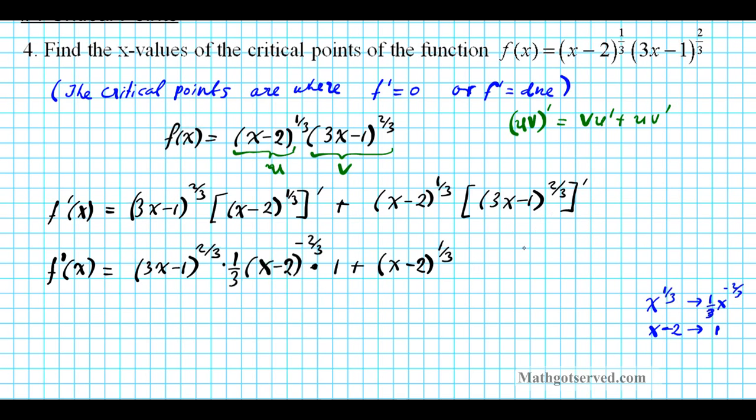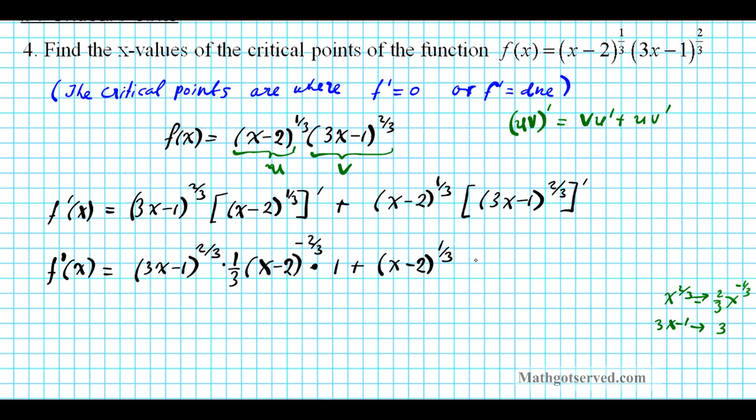For v prime, we're going to apply the chain rule again. Here the outer function is x to the 2/3 and the inner function is 3x minus 1. So in the chain rule, we'll differentiate the outer function, 2/3 x to the negative 1/3, and evaluate it at the inner function, 3x minus 1, times the derivative of the inner function, which is just 3.